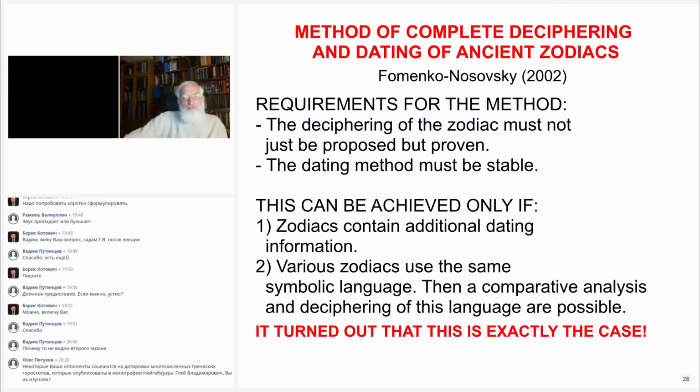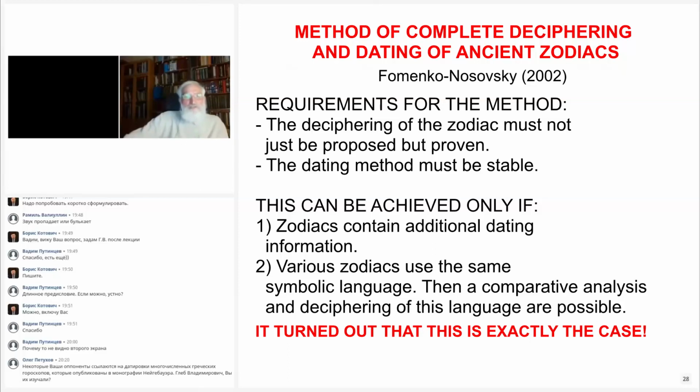Initially, we had a weak hope, of course, but we tried to understand whether this task was solvable at all. Is it possible to reliably and unambiguously date Egyptian zodiacs to obtain substantiated dates, rather than just arbitrary ones? It was immediately clear that two conditions were needed for this.